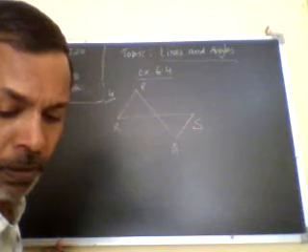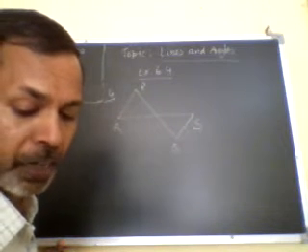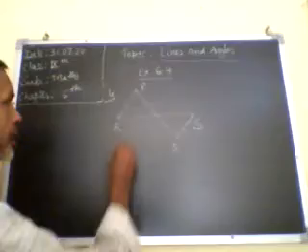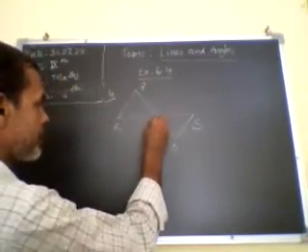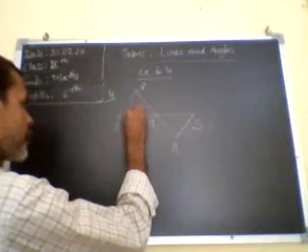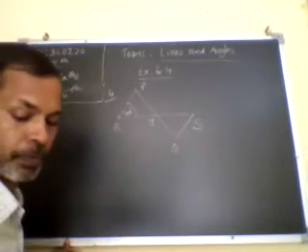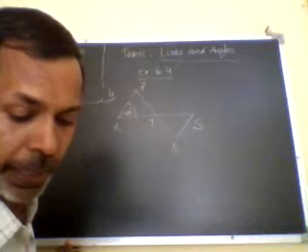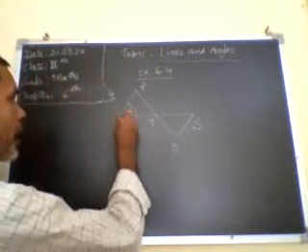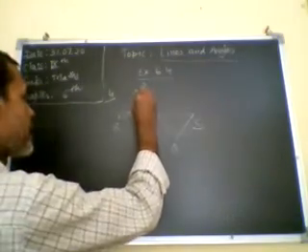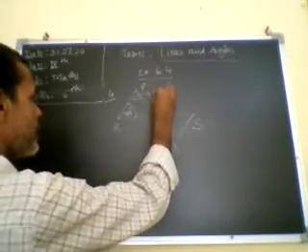Now angle PRT is 40 degree. T is the intersecting point. Next, angle RPT is 95 degree.